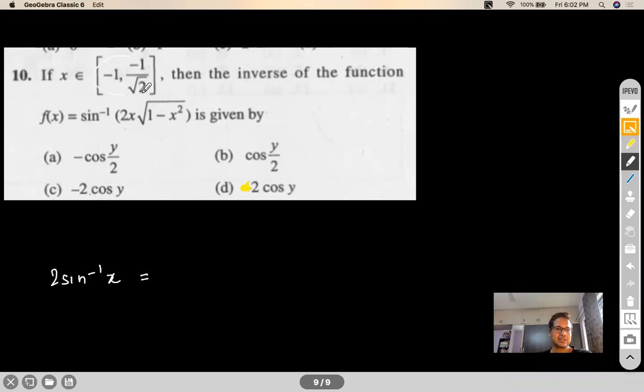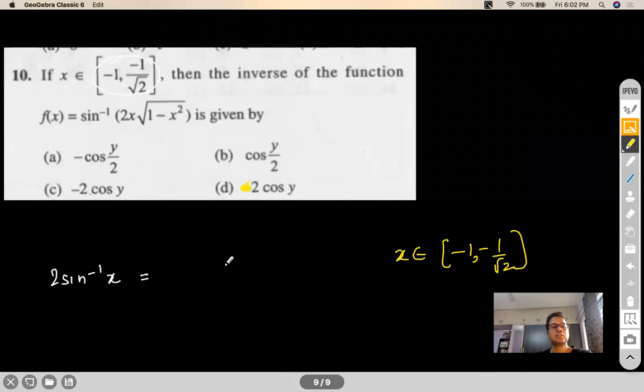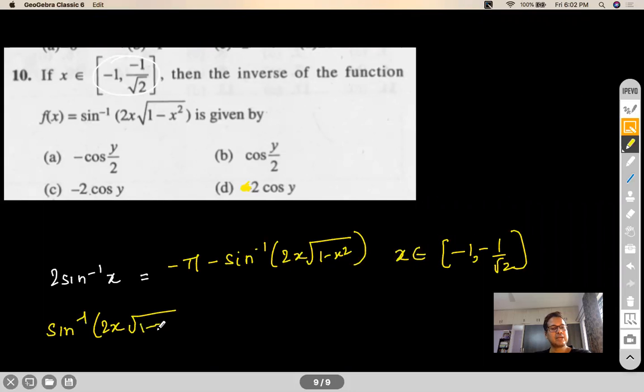Just in this interval, that is x lying between -1 to minus 1 by root 2, the formula actually became minus pi minus sine inverse 2x under root 1 minus x squared. So if I make sine inverse 2x under root 1 minus x squared the subject of the formula, we were basically going to get this guy.